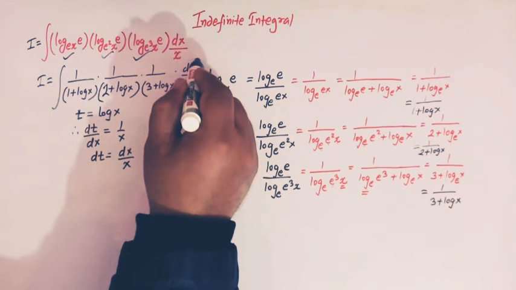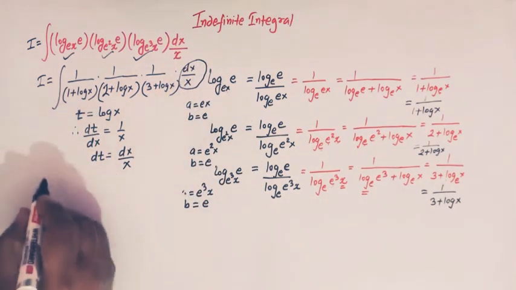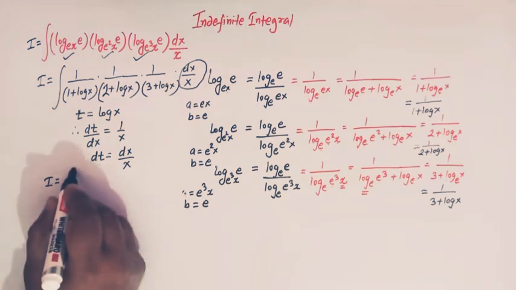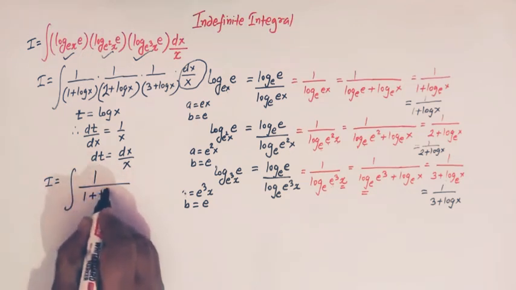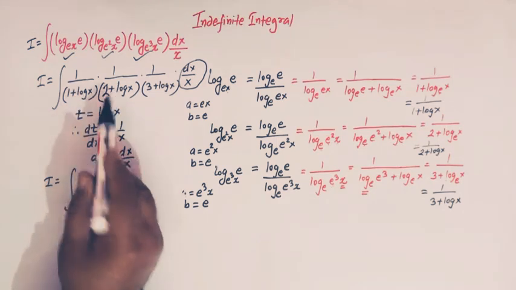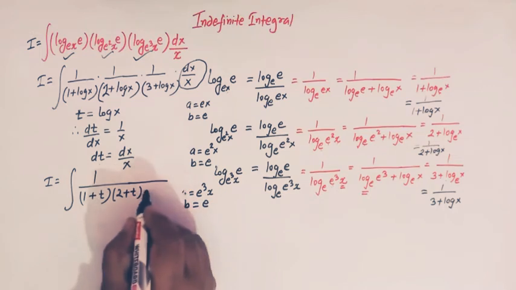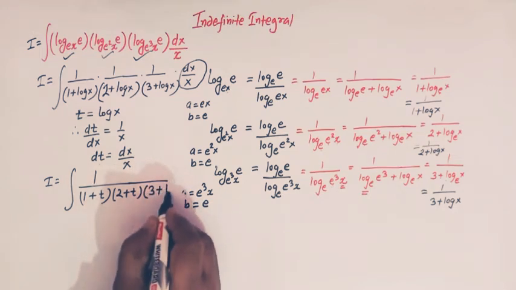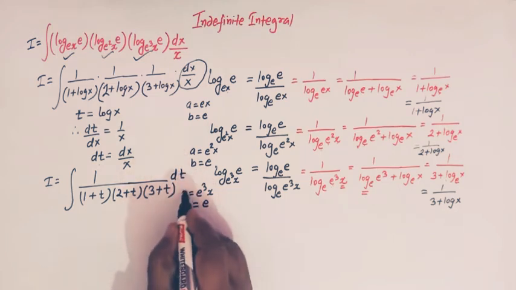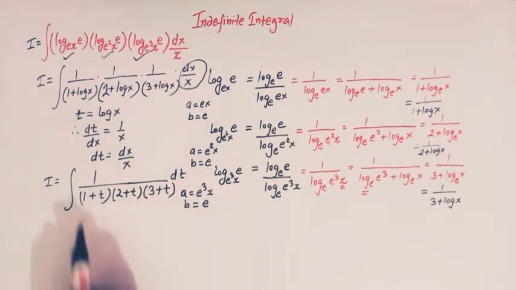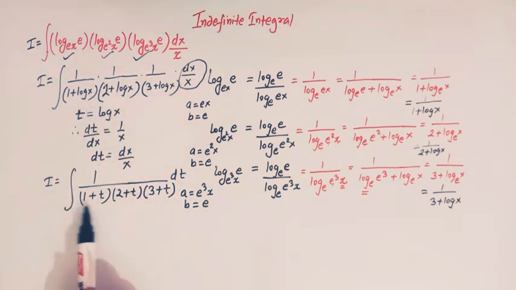So now here we can write dt, and now our integral takes the form 1 plus t, because log x is t, then we have 2 plus t, and then we have 3 plus t, right? And here we'll have dt, right? So now this integral reduces to this one.